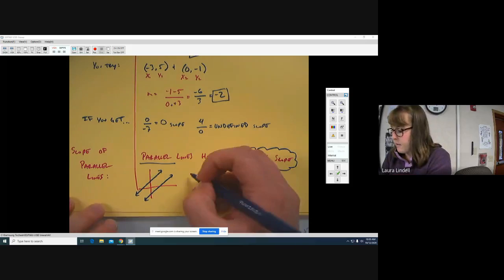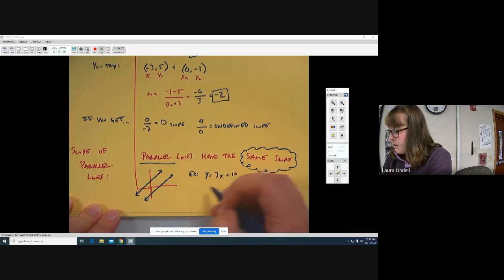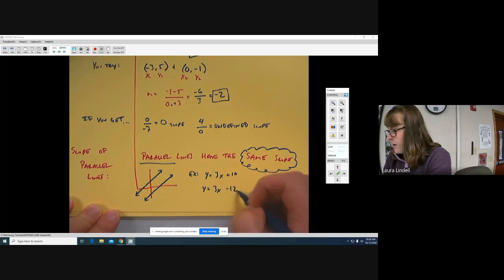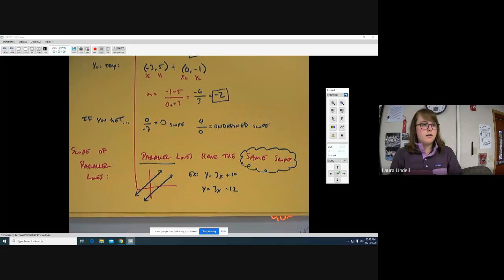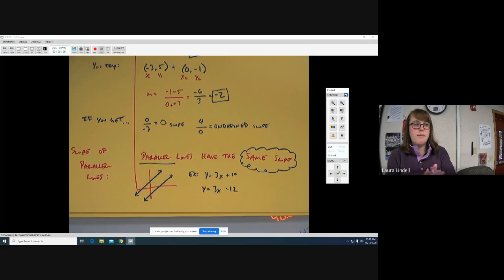For example, if we had the line y equals 3x plus 10 and y equals 3x minus 12, how do we identify the slope in those lines? What would the slope of those lines be? Does anyone remember? Well, these ones are in y equals mx plus b form, right?